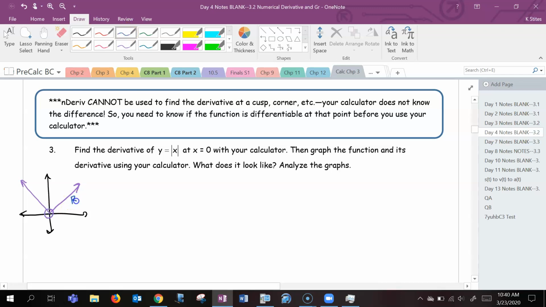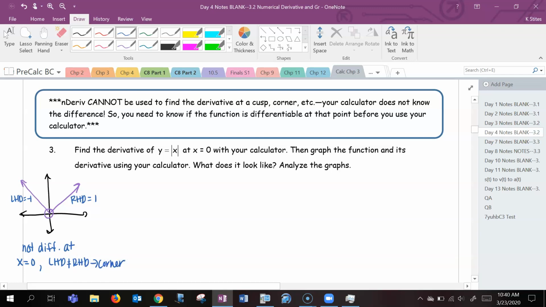That's because our right-hand derivative is a 1, and our left-hand derivative is a negative 1, right? So we call this a corner. Not differentiable at x equals 0. Left-hand derivative is not equal to the right-hand derivative, so we have a corner.